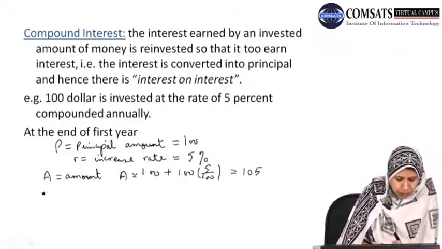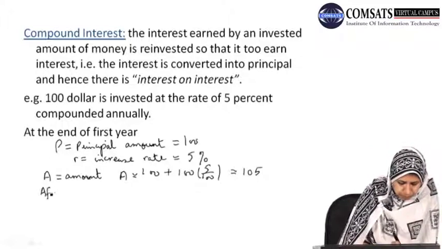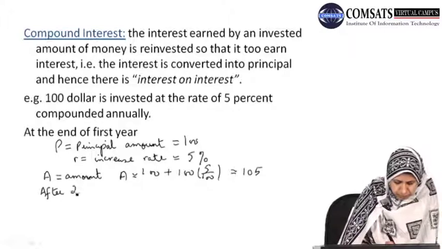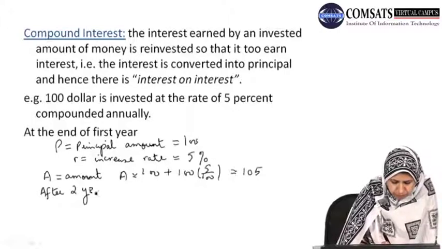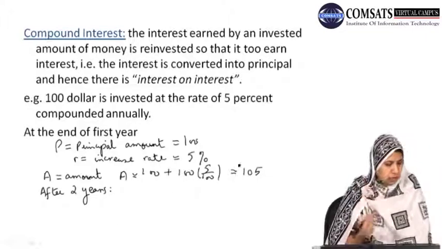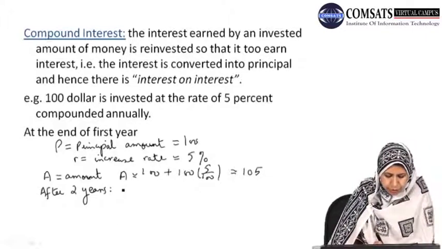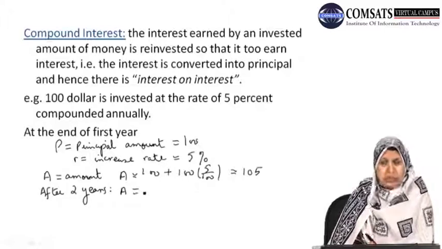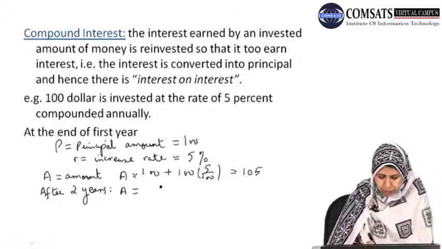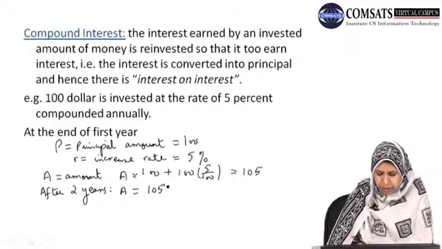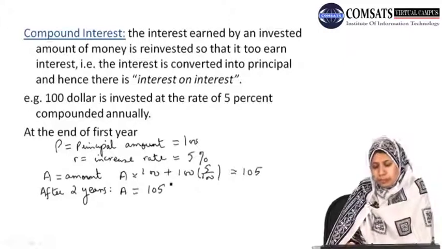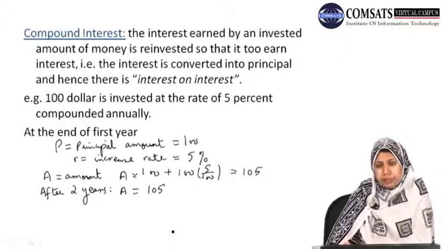Now after 2 years, if A is our amount, then A is equal to, now after 1 year our amount has increased from 100 to 105.